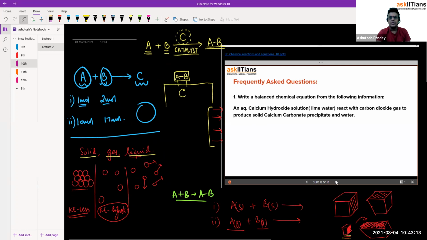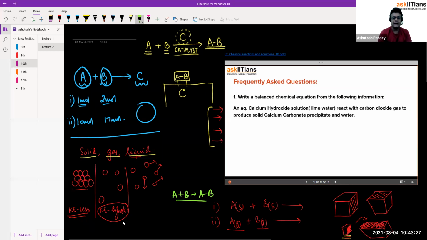Now it says write a balanced chemical equation for the following information. An aqueous calcium hydroxide solution. So we'll write calcium hydroxide, Ca(OH)2, aqueous. Plus it reacts with carbon dioxide gas, so CO2 gas.